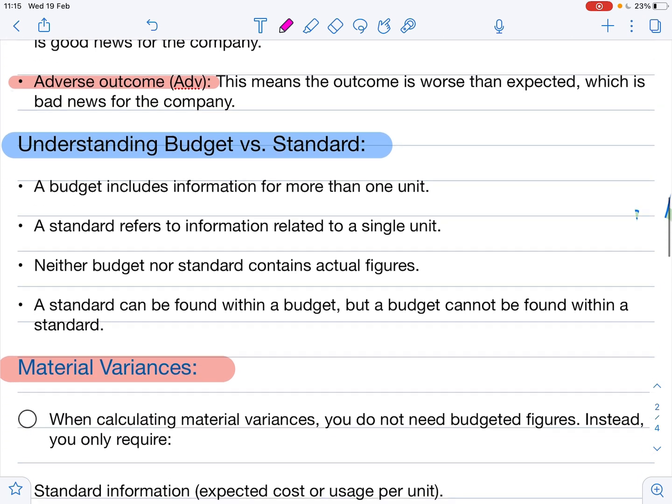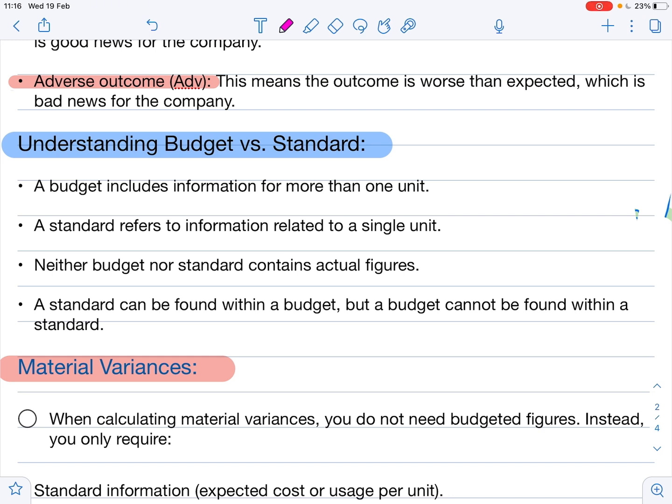Okay, now we also need to understand the difference between budget and standard. So a couple of things to understand here. So a budget includes information for more than one unit. So in your budget, you have more than one unit. And I'm going to show you a Mickey Mouse example regarding this.